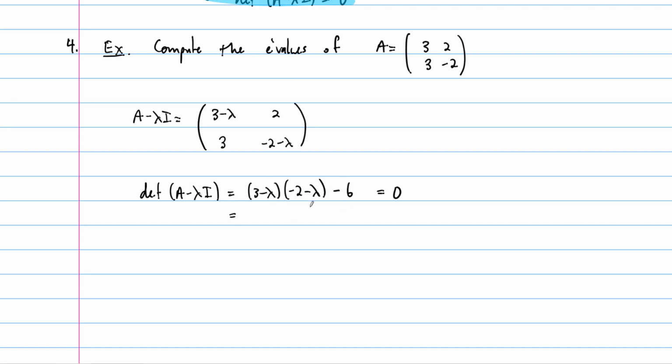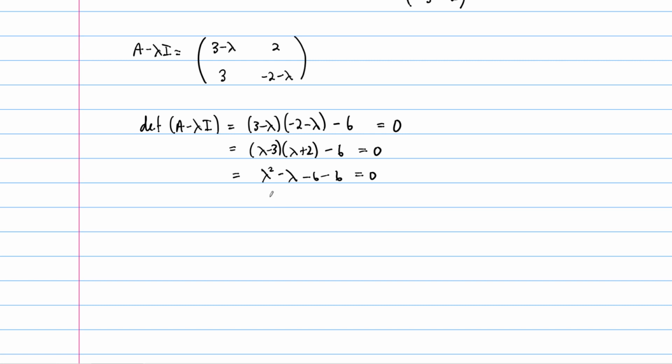The minus can come out, we can take a minus out of each one, right? And so this can be written as lambda minus 3 times lambda plus 2 minus 6 should be 0. And then this equation looks like lambda squared minus lambda minus 6 minus 6 equals 0.